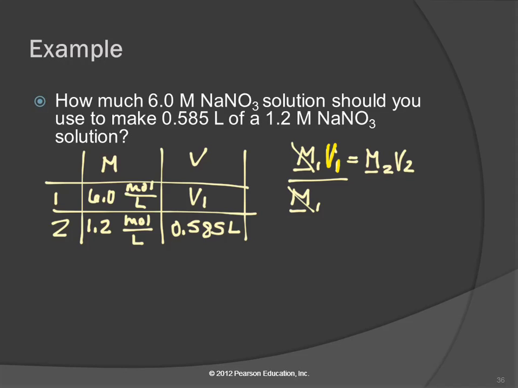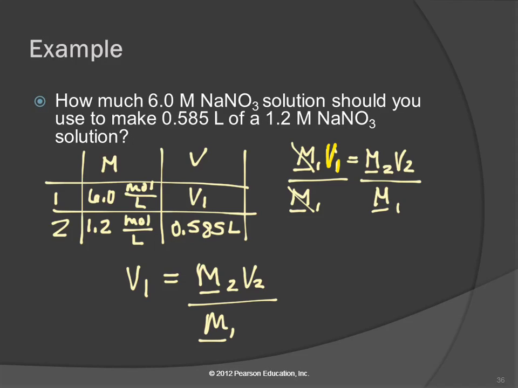Because M1 over M1 cancels out. If we do it to one side, we have to do it to the other side. And there's our equation. So volume 1 equals molarity 2 times volume 2 divided by molarity 1.